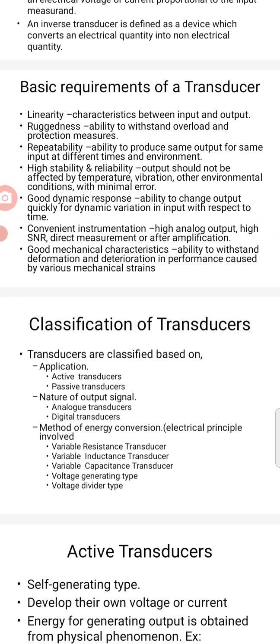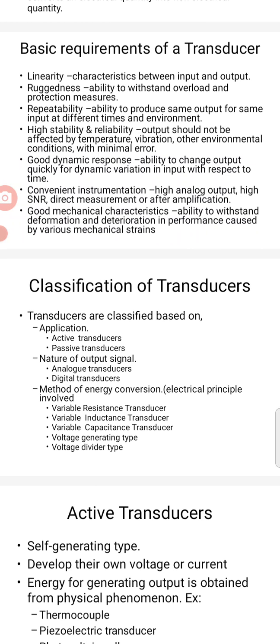First, based on the application, we have two types of transducers, that is active transducers and passive transducers. Based on the nature of output signal, you have analog and digital transducers. Based on the electrical principle involved, we have variable resistance, variable inductance, variable capacitance, and voltage generating type, voltage divider type.